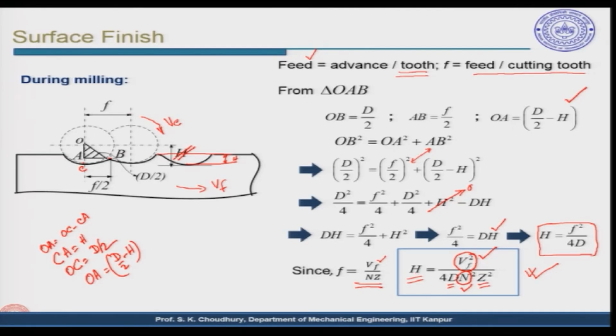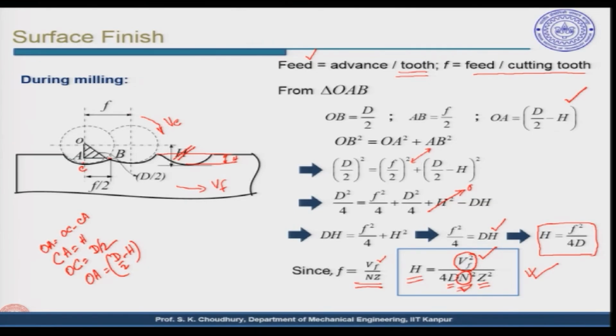But if we change the value of Vf, the MRR or the production rate will be affected, because MRR, if you remember, is the area into velocity. So Vf should not be changed, because we do not want the production capacity to be changed.